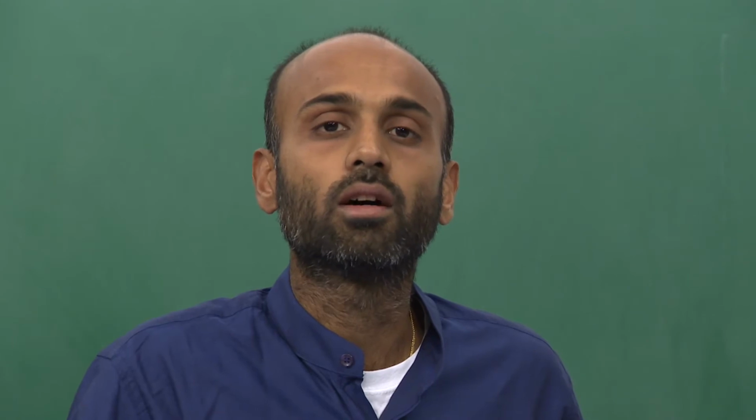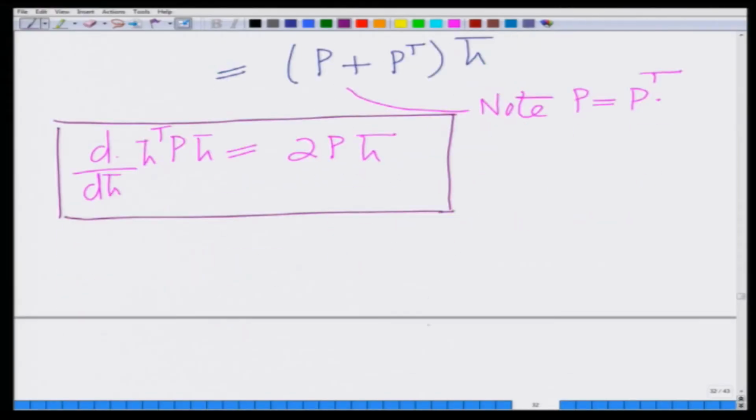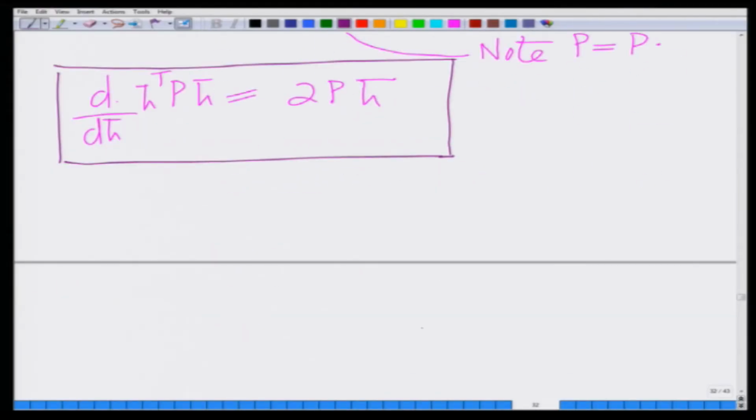Okay. And now we have the results to differentiate the least squares cost function towards minimizing it, so that we can find the estimate of the parameter vector h bar.